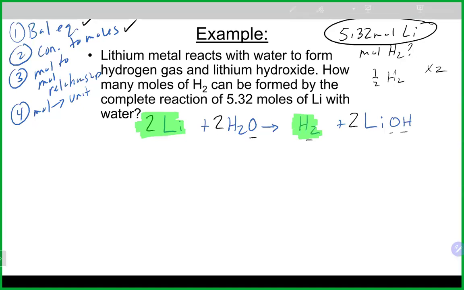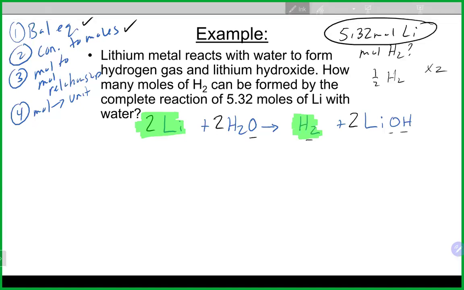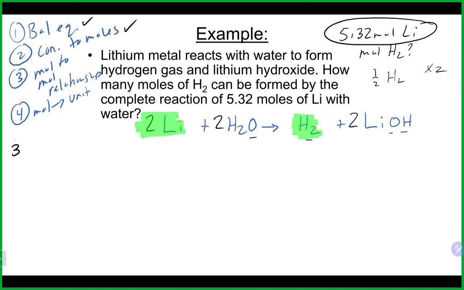So picking up with step number 3, our mole to mole relationship, we can see from the equation that 2 moles of lithium will give us, and again, if nothing's written there, that's 1 mole of H2. So that is the relationship we get from the equation.